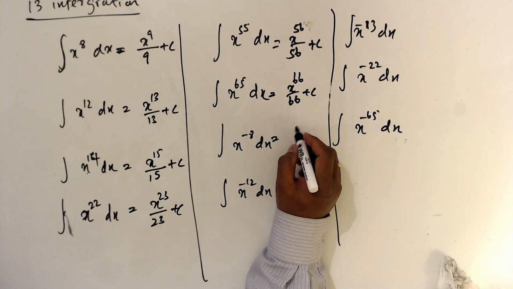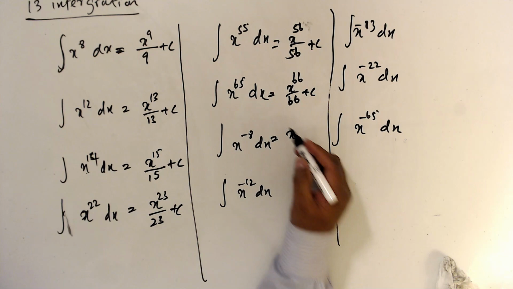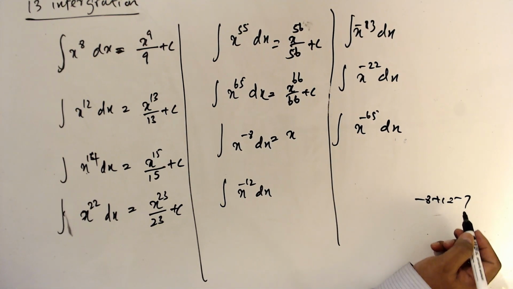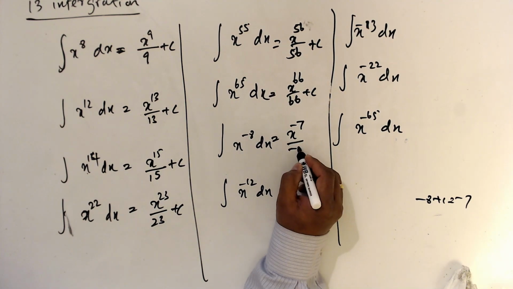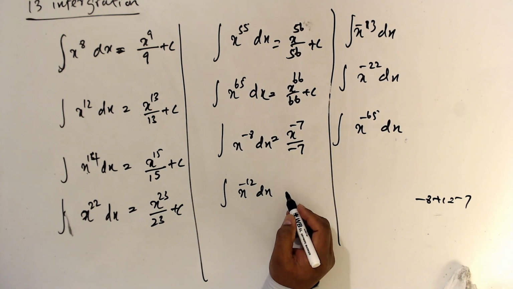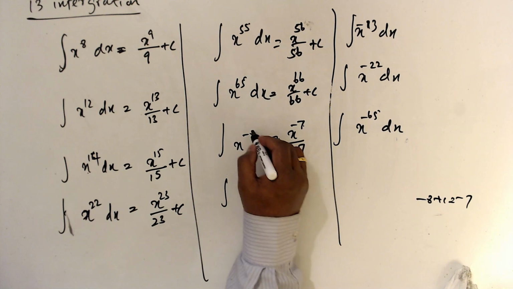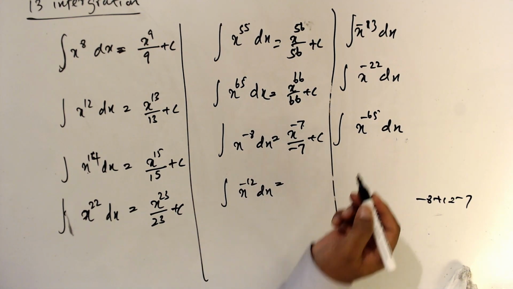Now, x^-8, what is the answer? Add 1. Minus 8 plus 1 is minus 7. It is not increasing, it is decreasing the size. Minus 7 over minus 7. The magnitude is decreasing by 1, from 8 to 7. So, plus c.